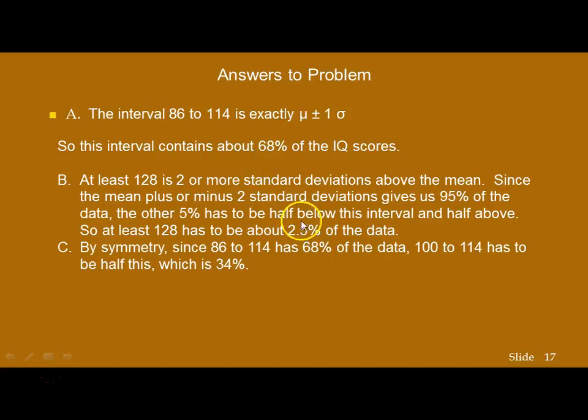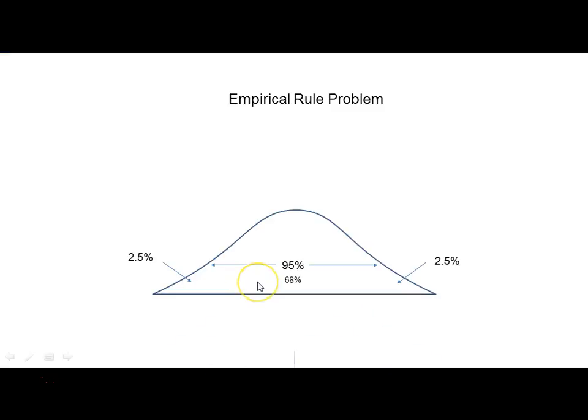So 100 to 114 is going to be half of 68, or 34%. Again, we can see that on our graph. 100 to 114 is half of the 68% on the empirical rule, or a total of 34%.